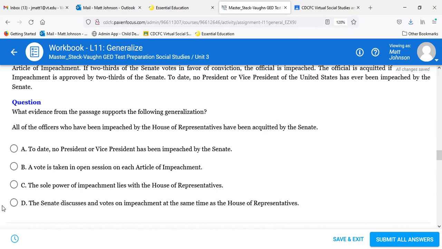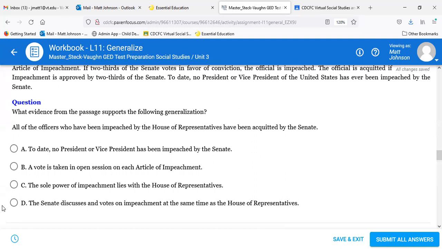A. To date, no president or vice president has been impeached by the Senate. B. A vote is taken in open session on each article of impeachment. C. The sole power of impeachment lies with the House of Representatives. D. The Senate discusses and votes on the impeachment at the same time as the House of Representatives.